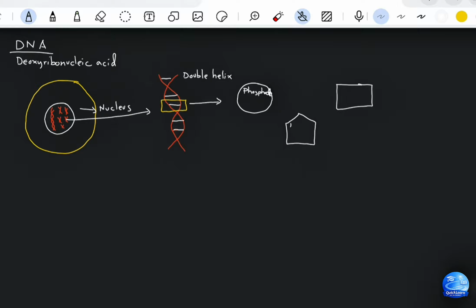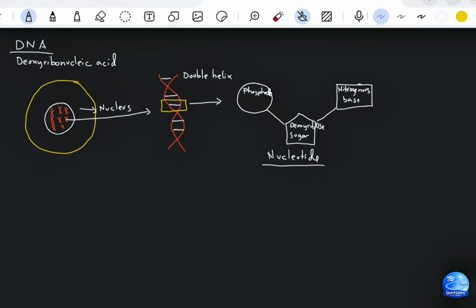The pentagon represents a sugar called deoxyribose. And this rectangle represents a nitrogenous base. Together, these three parts form a nucleotide. And a nucleotide is the basic building block of DNA. Think of it like this. If a wall is made of bricks, then DNA is made of nucleotides.